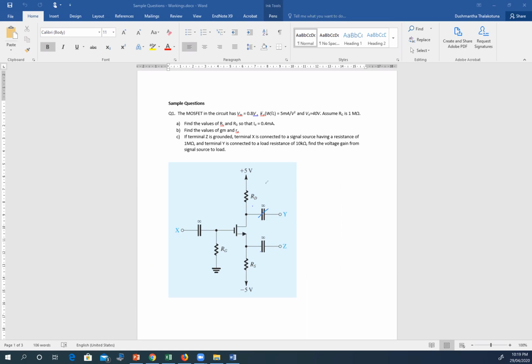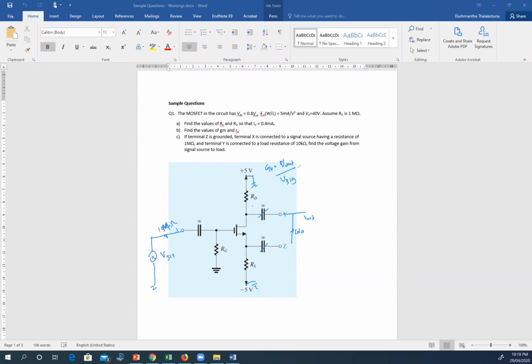These things get shorted and connect to the ground. This connects to a load of 10 kilo ohms with the V out, and that is 10 mega ohms with the V signal. So we're trying to find G_V, which is V out over V signal.